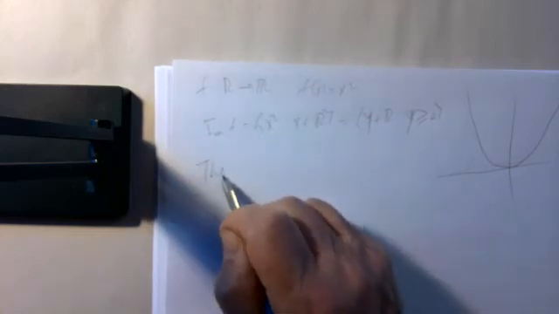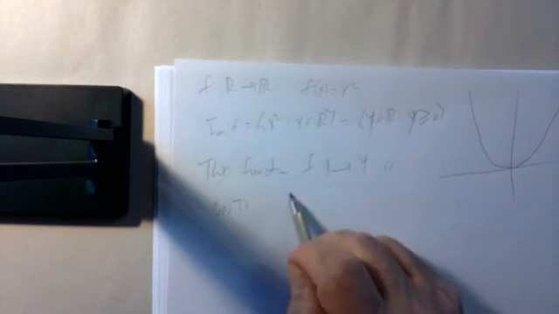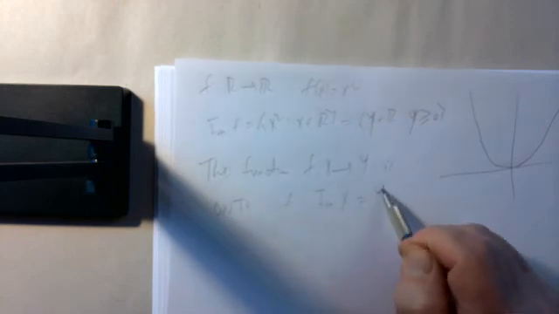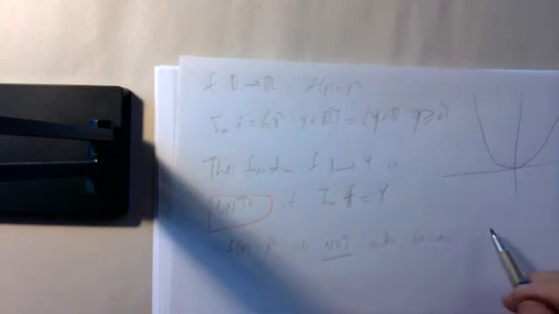And the following words are important. The function f from X to Y is called onto if the image of f is all of Y. So the function f of x equals x squared is not onto, because the image of f is a proper subset of R. This means subset but not equal to.